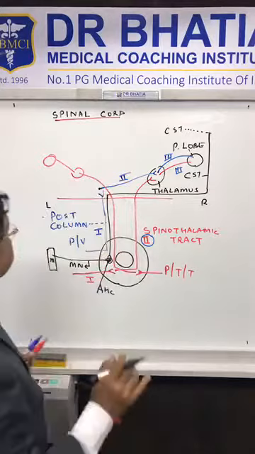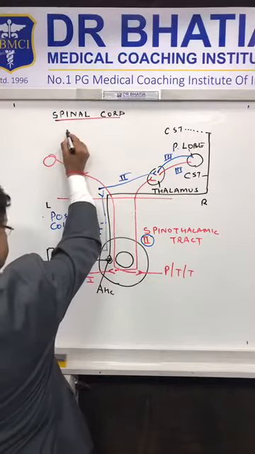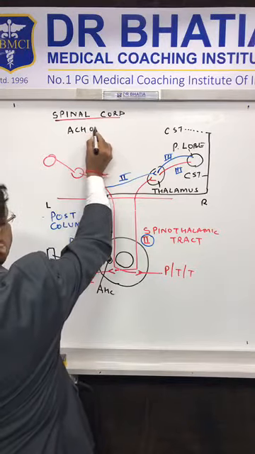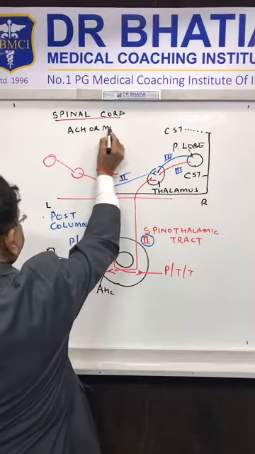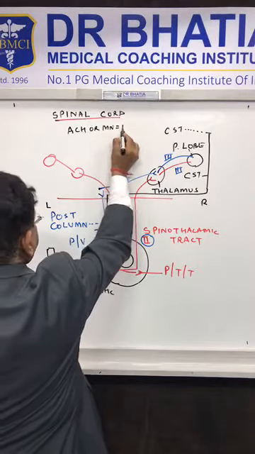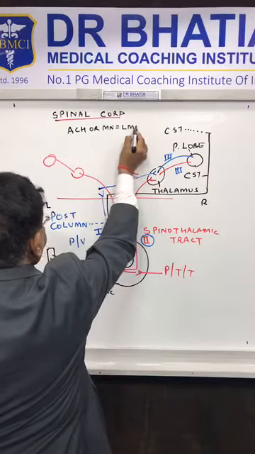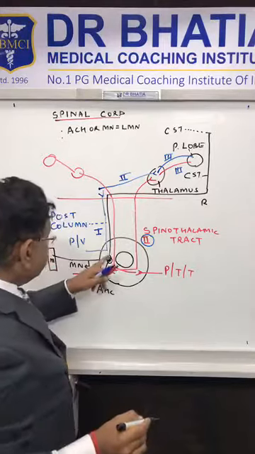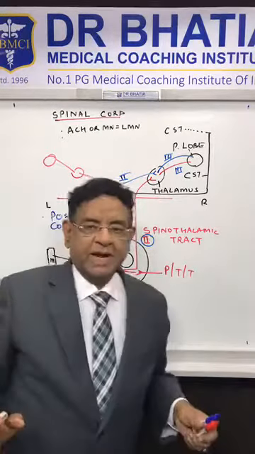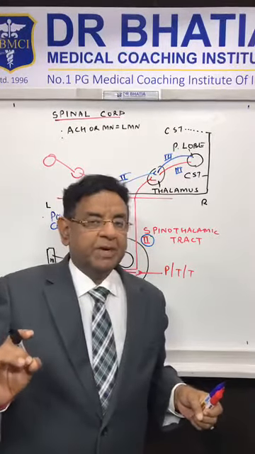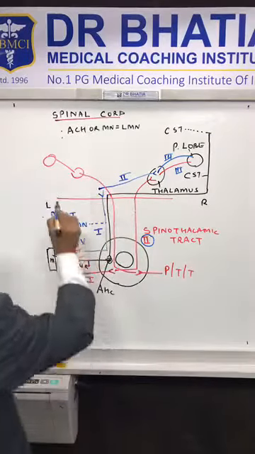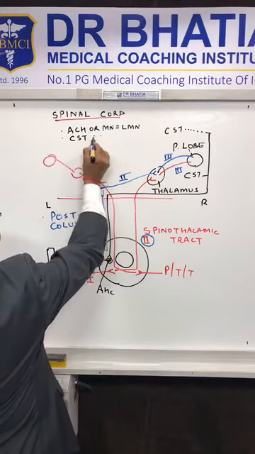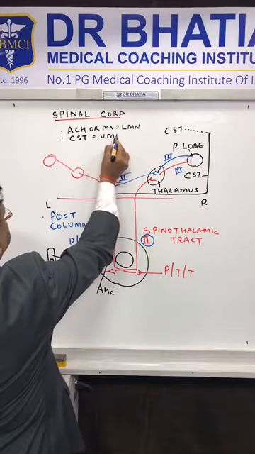So write down, any lesion in the anterior horn cell or motor nerve is lower motor neuron palsy. Now, any lesion in the corticospinal tract is an upper motor neuron lesion.